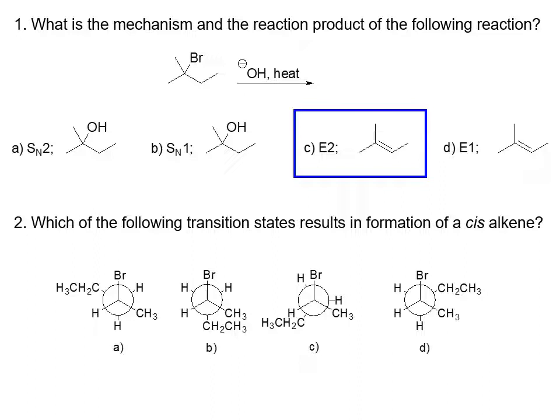The 2 alkyl substituents, the methyl and ethyl group, methyl on the carbon closer to us and ethyl on the one further away, are on opposite sides of the bond that is going to be formed. The double bond is going to be formed, which means this product is going to be trans. And so transition state A results in a trans alkene.